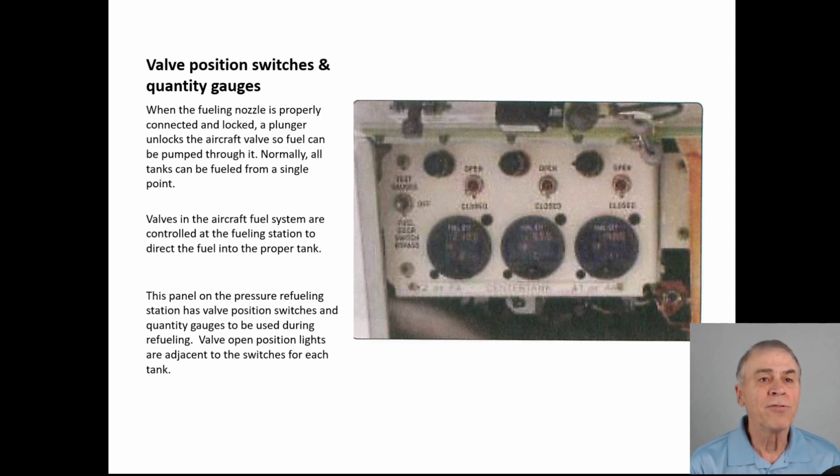Valves in the aircraft fuel system are controlled at the fueling station to direct the fuel to the proper tank. So that's kind of nice. You can watch your fuel quantity levels and fuel them pursuant to the operating handbook.